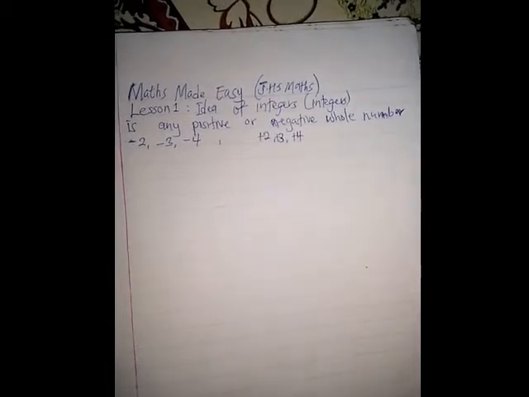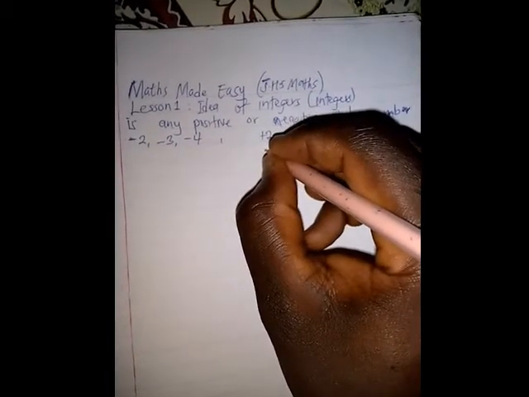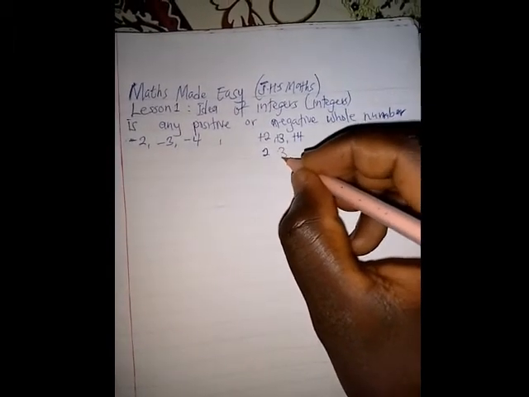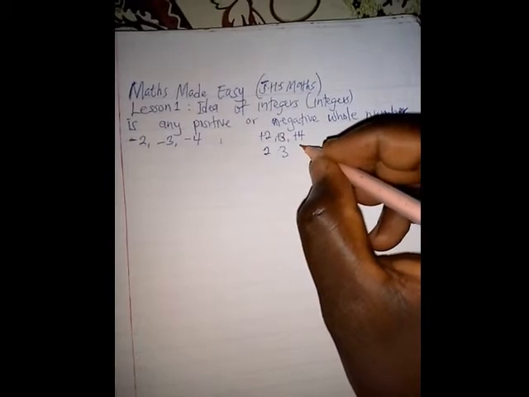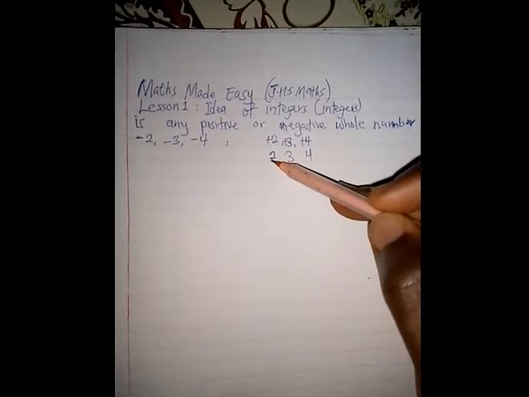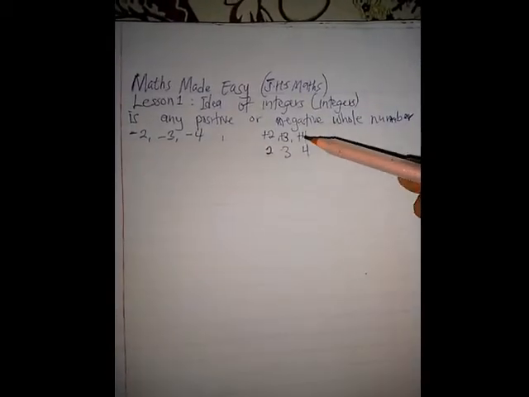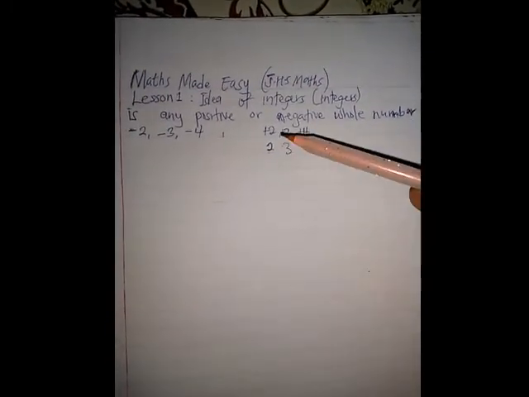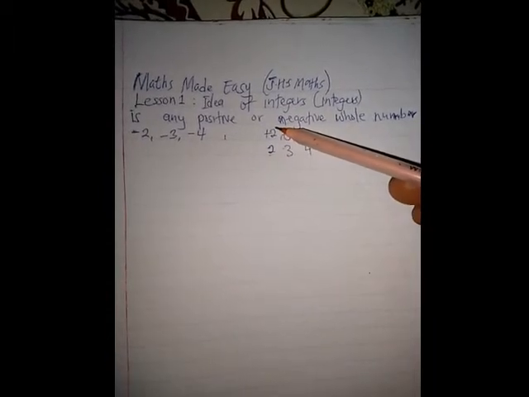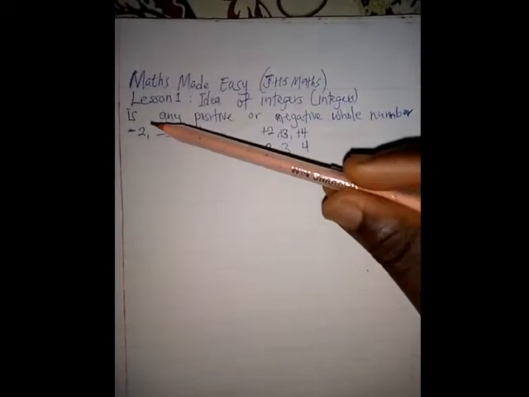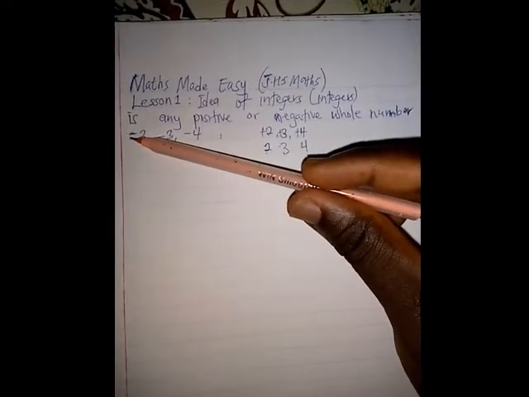This +2 is the same as the normal 2 we all know, and this 3 is the same as the normal 3, and the 4 is the same as normal 4. So if you see a 2, it automatically means that this 2 is a +2, without even a plus in front of the number. But if it's a negative number, then the minus sign should be there.